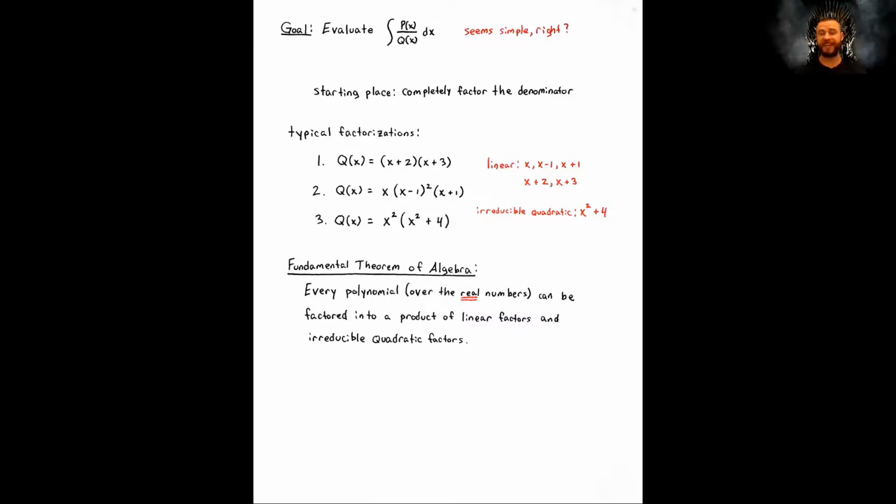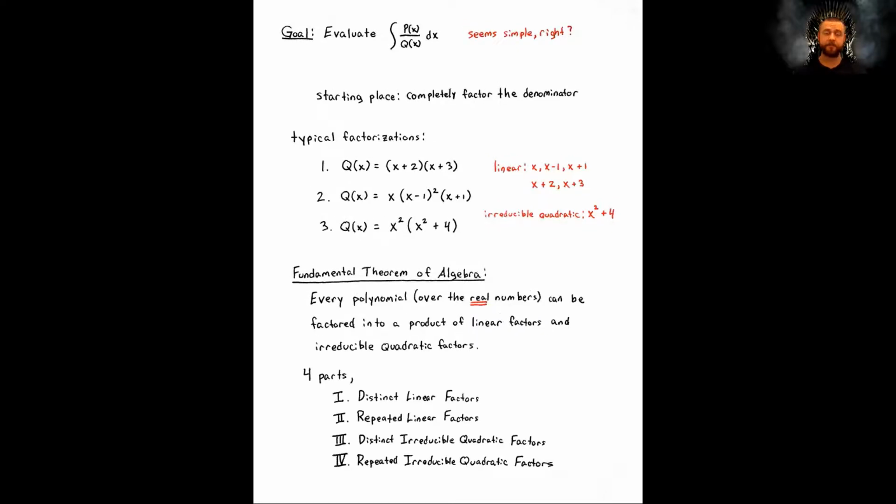All right, we're going to mention this again, but this is a good place to point out the standard approach to teaching and learning about partial fraction decomposition. There's 2 types of factors, linear factors and irreducible quadratic factors, but there's 4 parts. Notice in example 2 there, we have the factor x minus 1. That exponent 2 tells you x minus 1 is a repeated linear factor.